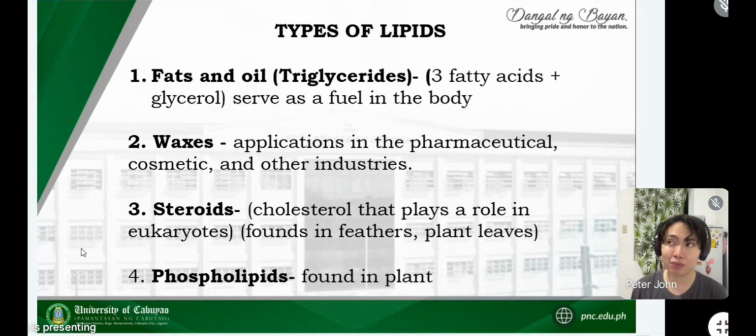So, ibig sabihin, masyadong not fair for them na gumamit niyan. Kasi nga, advantage siya in a way na magagamit natin yung instant source of energy. Pero, ang kabaliktaran or downfall naman yan is, mafo-force yung buong katawan natin na i-consume ng buong buo yung mga energy na nakastored sa atin. So, very dangerous siya in that way.